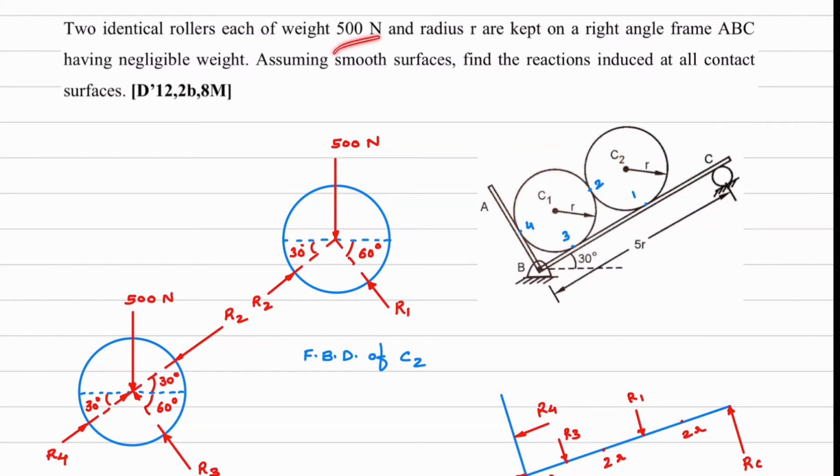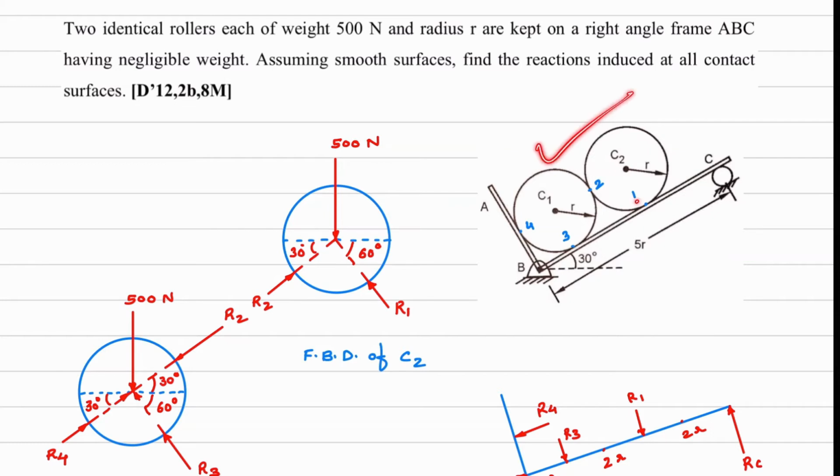And radius R. Both rollers have radius R as shown in the figure, and are kept on a right angle frame ABC having negligible weight. So we have to neglect the weight of this frame. Assuming smooth surfaces.